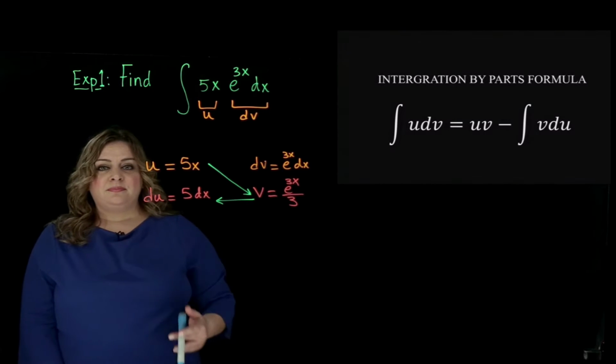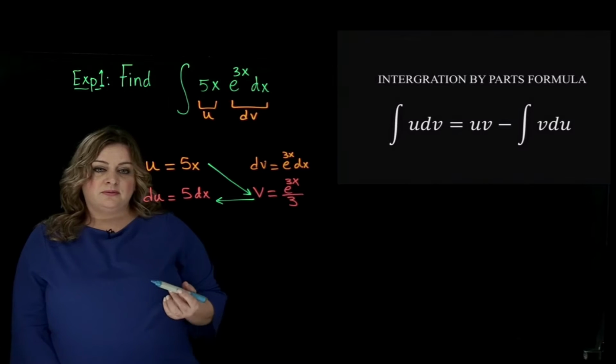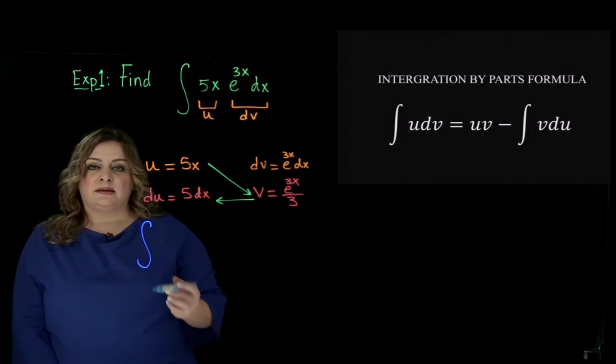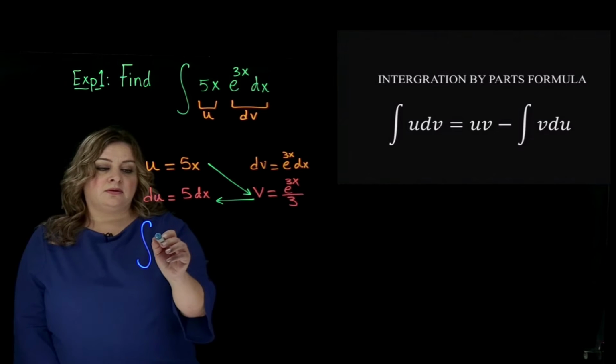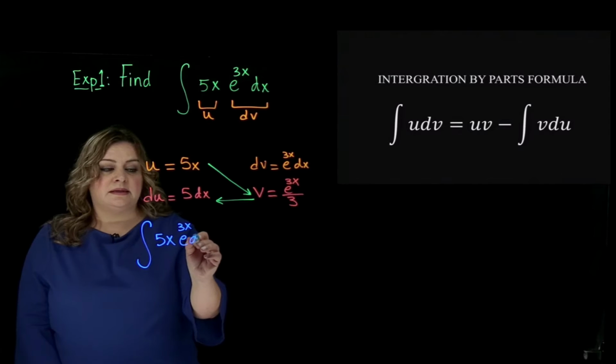Now, to find the indefinite integral, we will start with what we are given, and what we are given is the indefinite integral of 5x e to the 3x dx.